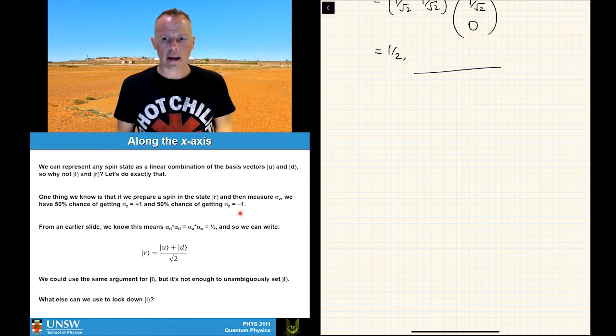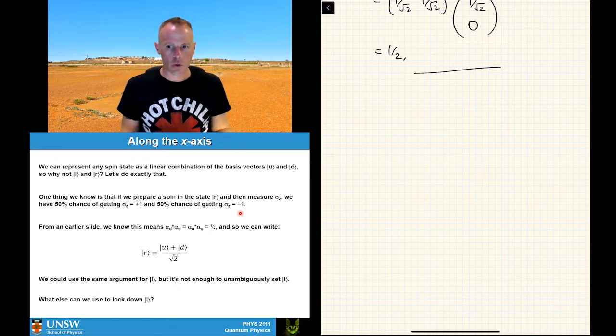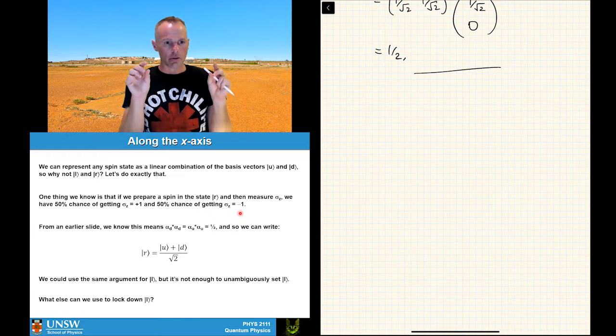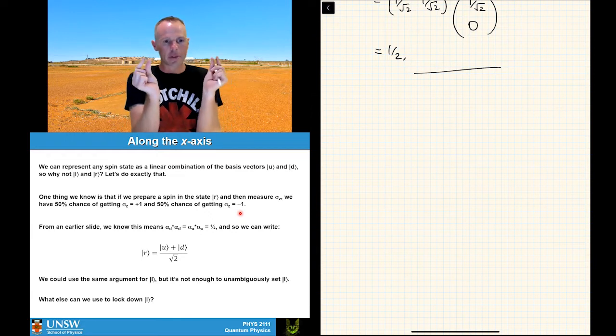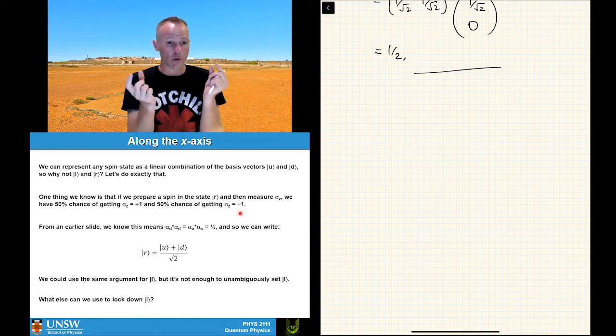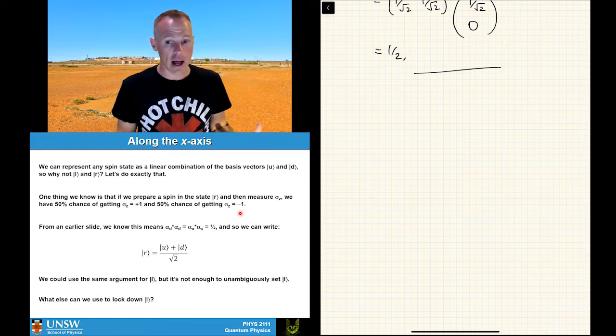If we think about it like that, it's going to be something times its complex conjugate equal to a half, and the best thing we can think of is 1 over root 2, right? 1 over root 2's conjugate is 1 over root 2. You multiply 1 over root 2 with itself and you get a half.